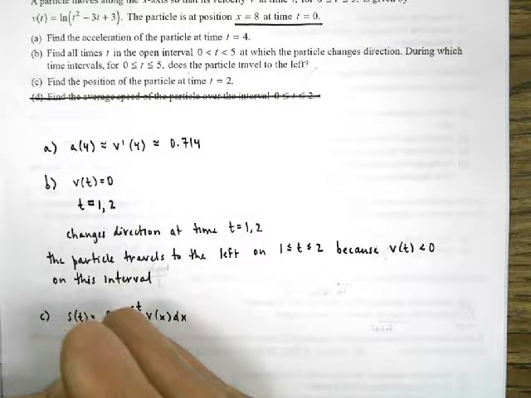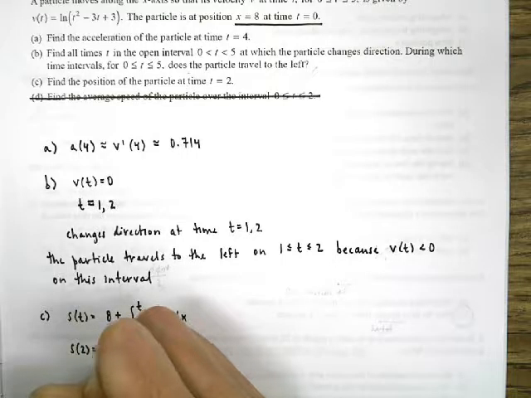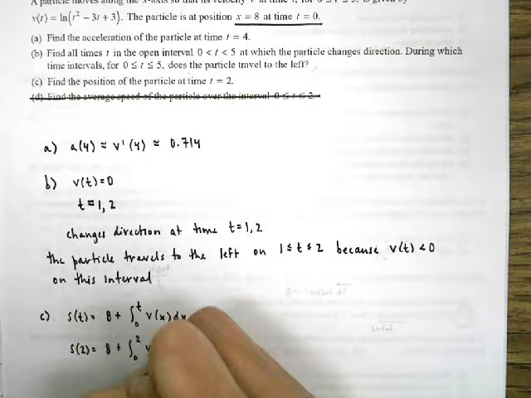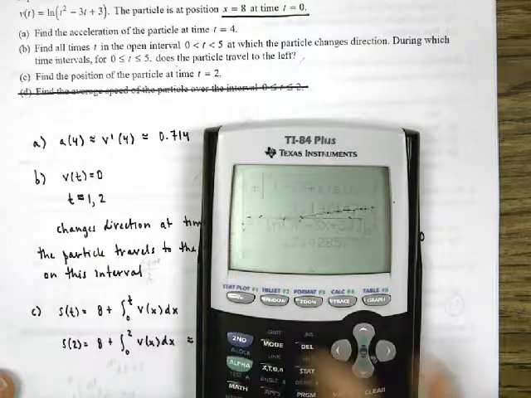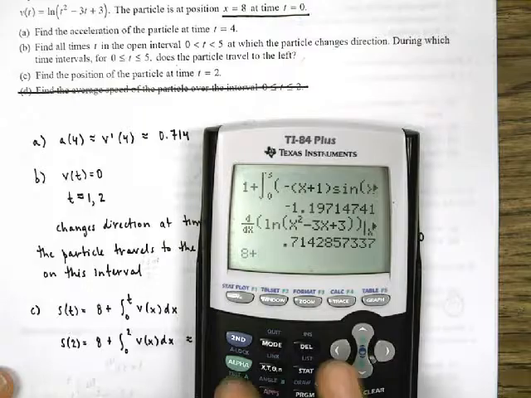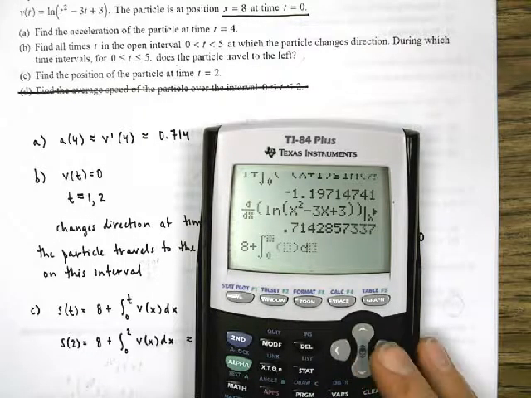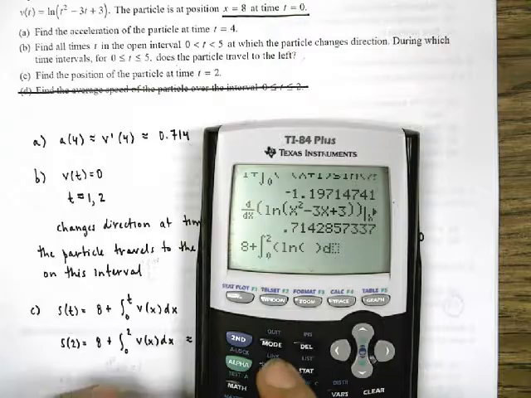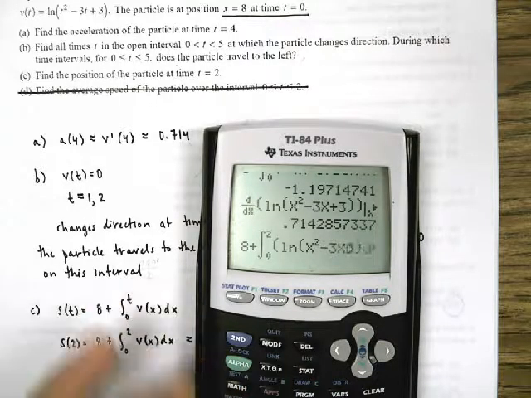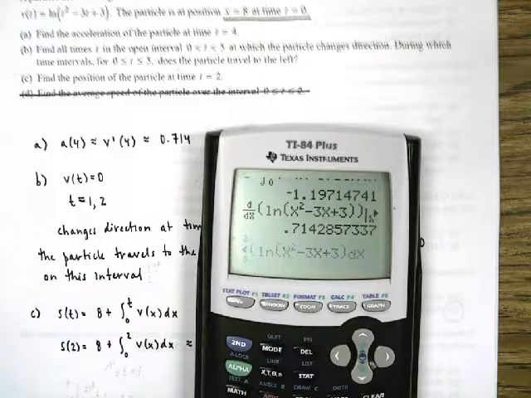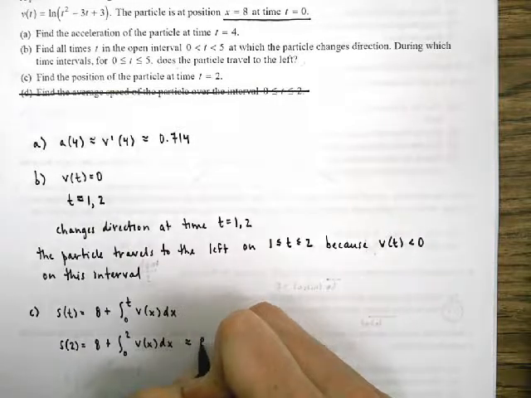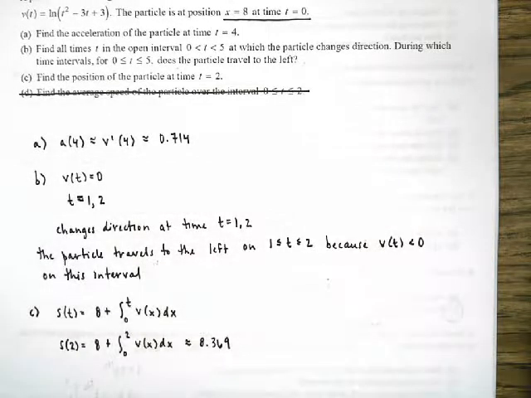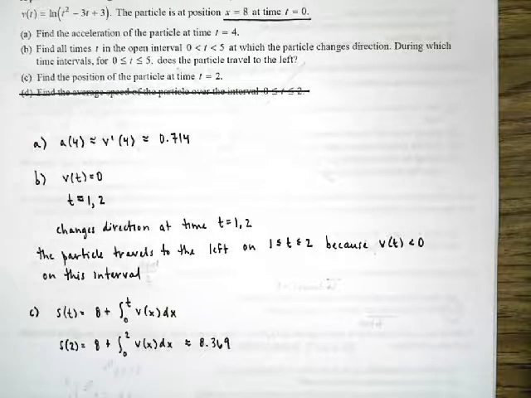So if I'm finding S of 2, it's going to be 8 plus the integral from 0 to 2 of our velocity function, which, if we go back to the calculator, is 8 plus math 9, 0 to 2, natural log of x squared minus 3x plus 3 dx. Okay, and that's going to give us 8.369 for the new position.